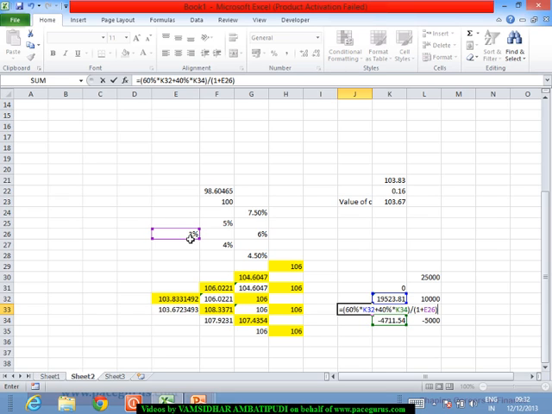So the present value of this swap is going to be 9,543 bucks. I am expecting that the value of this swap is going to be 9,543.